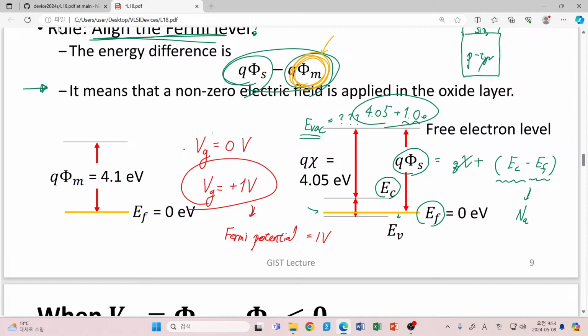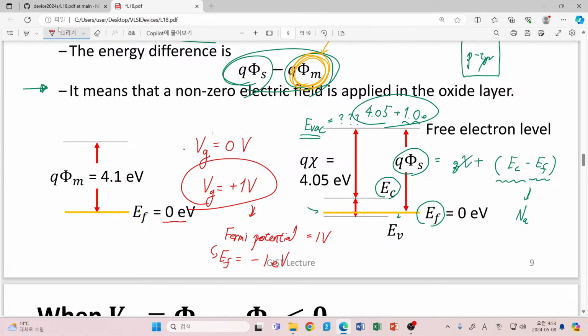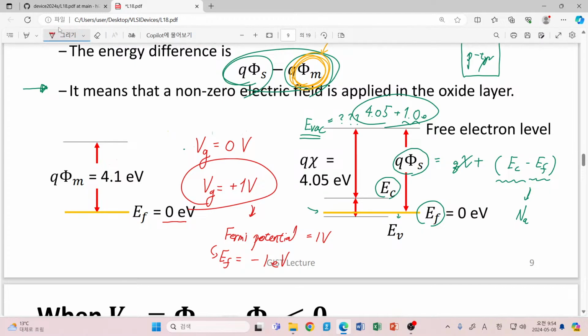However, please note that we must draw not Fermi potential, but we must convert it to energy scale. So it corresponds to your Fermi level at -1 eV. Instead of this 0 electron volt, when you apply positive 1 volt, that corresponds to your new Fermi level at -1 electron volt.